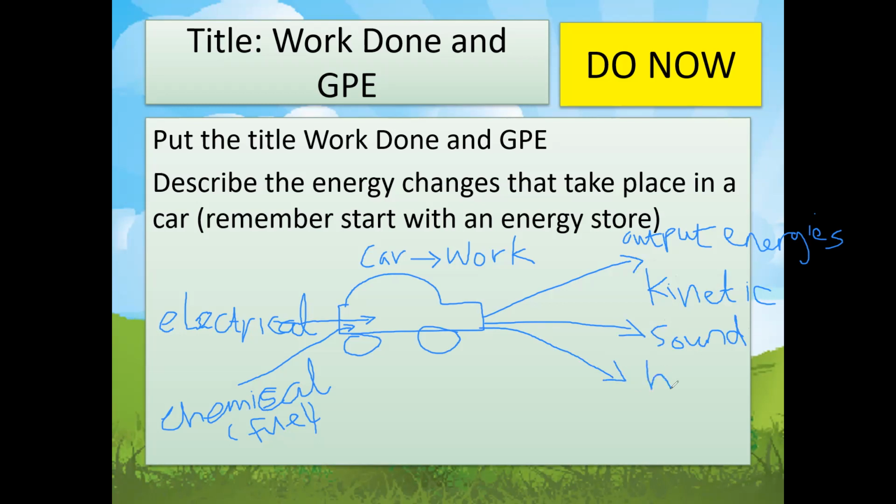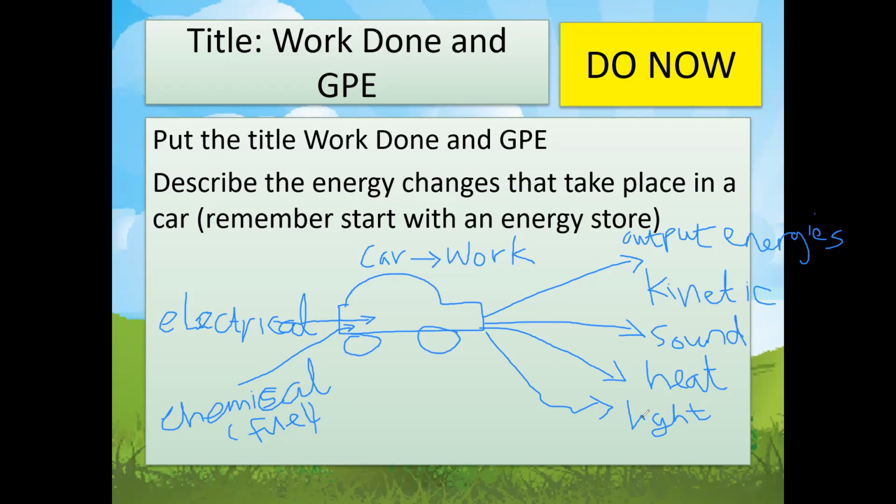So heat energy. When it's dark and the car switches on the lights, what sort of energy comes out? You get light energy.